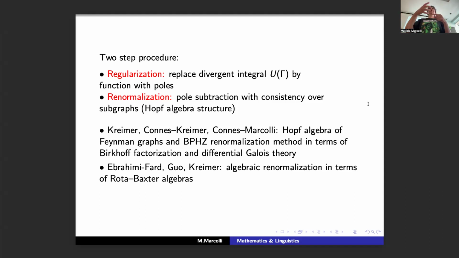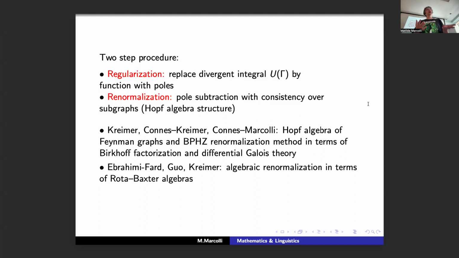So you cannot just subtract the pole of the entire thing that you see, because that's going to give you some inconsistency, which sometimes means that you don't get good counter terms that you can introduce in the action to correct for the divergences. And so you want to be able to make sure that you do this subtraction in a consistent way across all the subdivergences that you can encounter in a given graph. And so this is where the combinatorial structure is important to keep in mind.